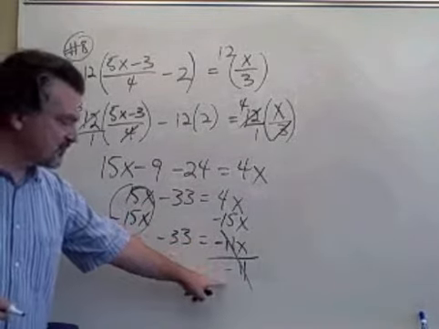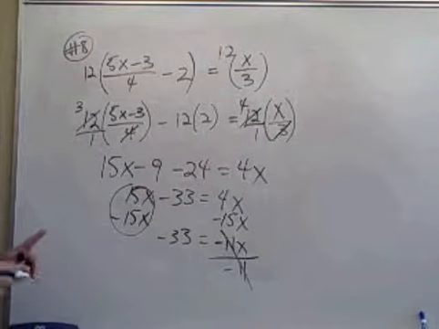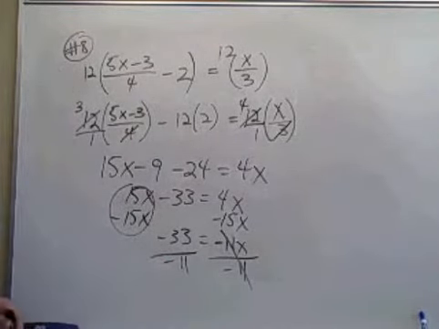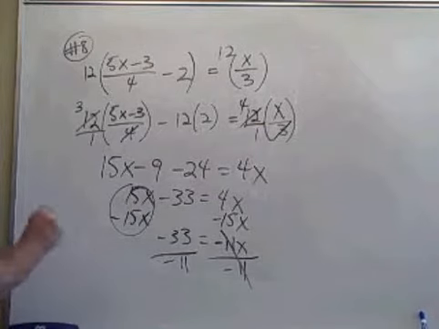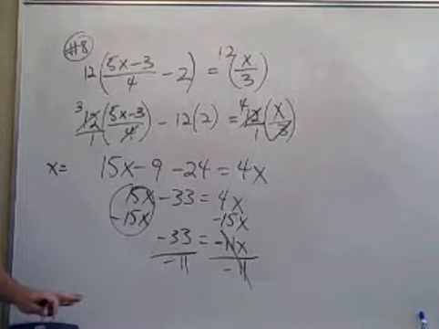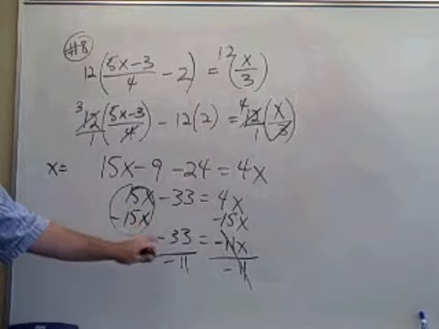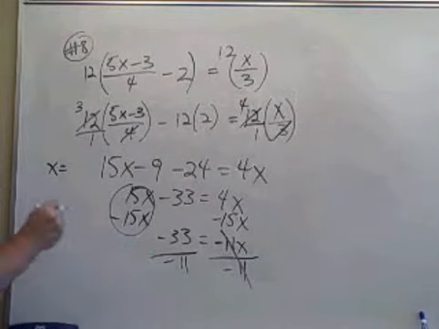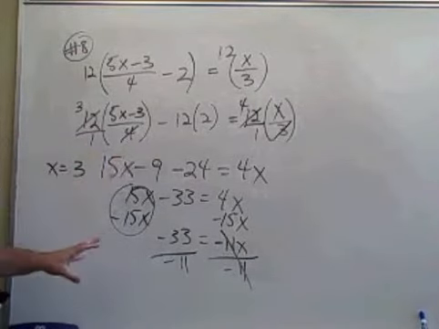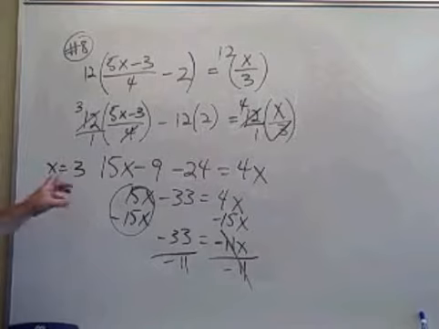The number over itself equals positive 1. And we'll divide the other side of the equation by negative 11. So x equals negative 33 divided by negative 11. Negative divided by negative is positive. 33 divided by 11 is 3. So the solution to this equation is 3.